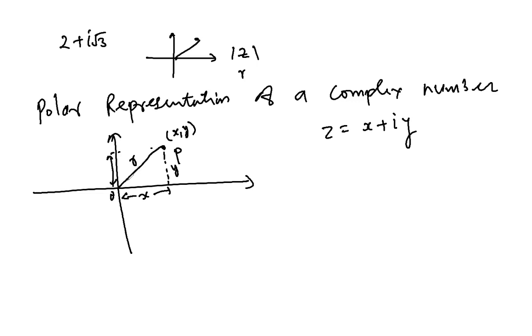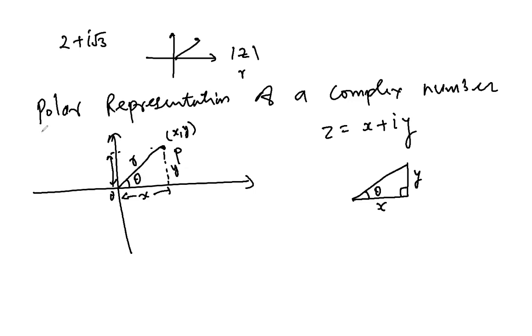Now this distance r makes an angle theta with the x-axis. You have this right angle triangle, because x and y are perpendicular to each other, with y as the vertical distance, x as the horizontal distance, and angle theta here.